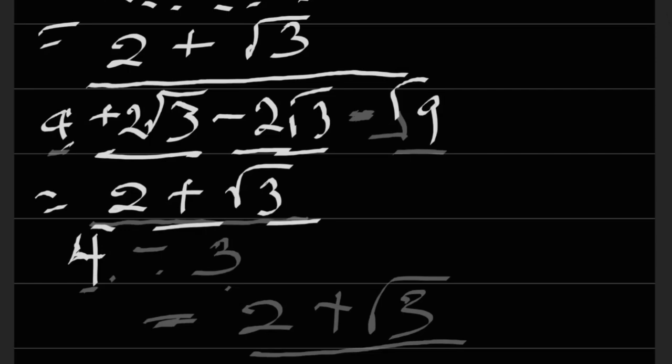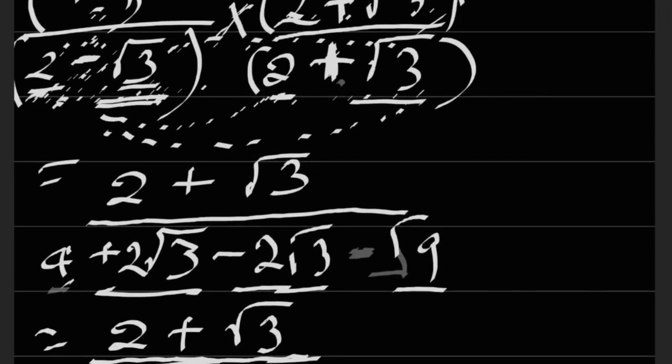And then this is this very plus here. Root 9 is 3. Please, let's correct something. Minus times plus is minus. So this place is not plus. Let's correct it now.